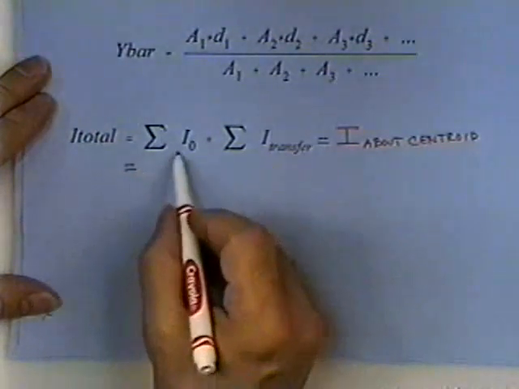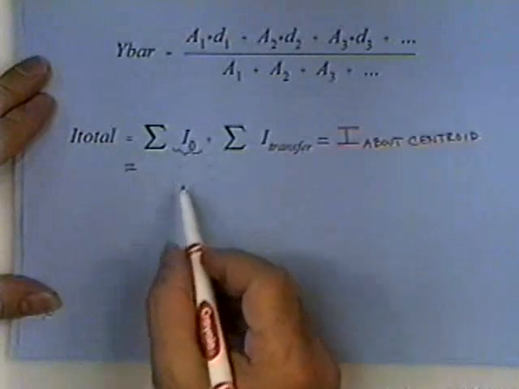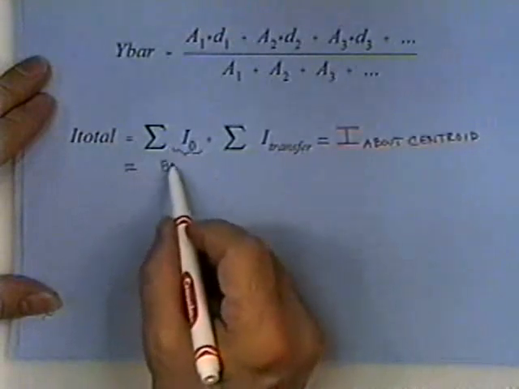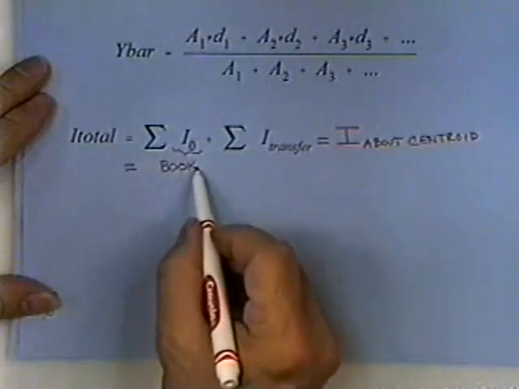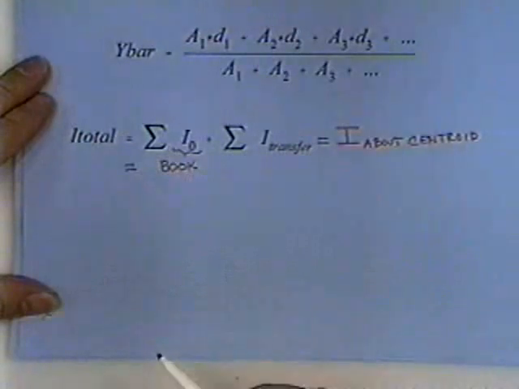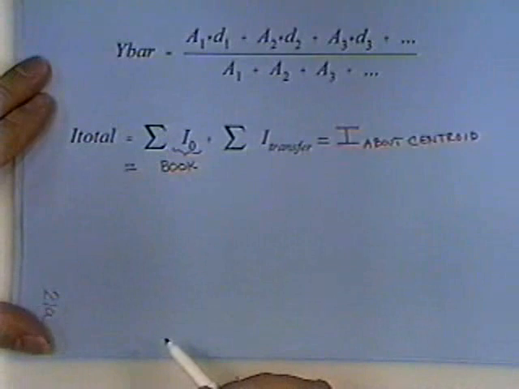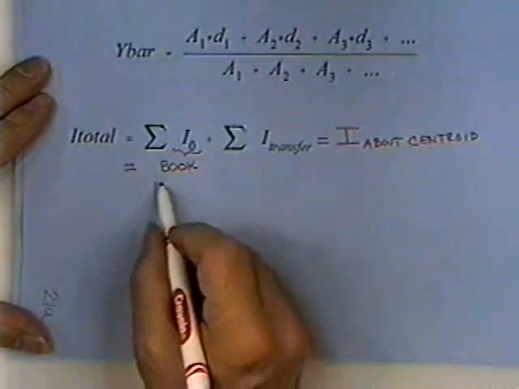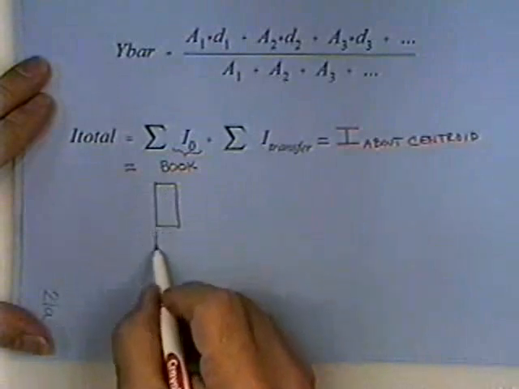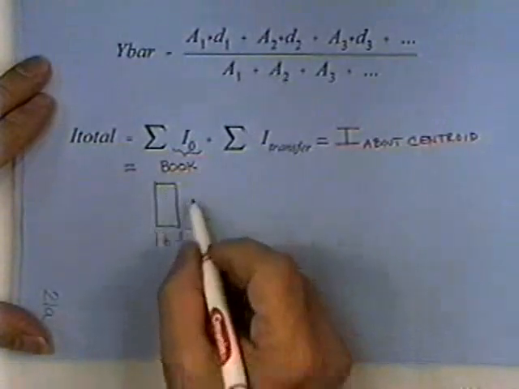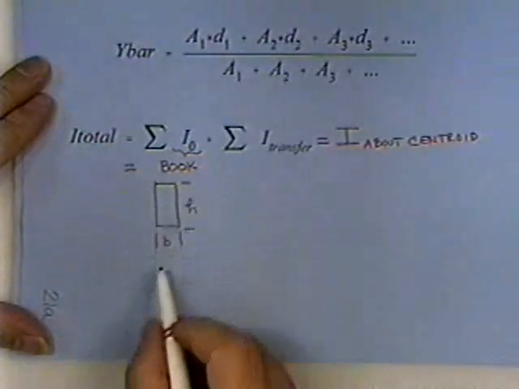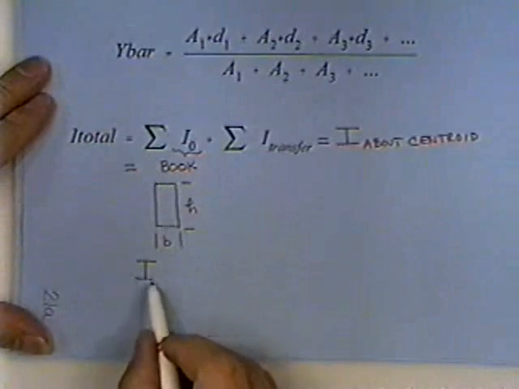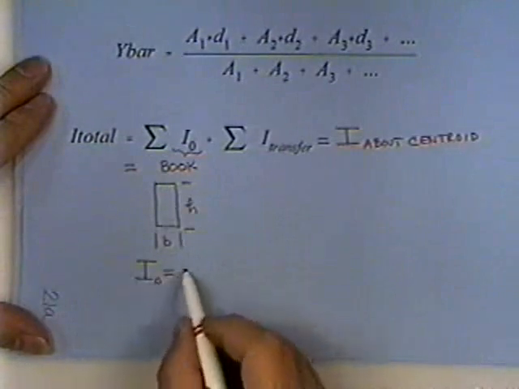Now basically, I0, you look it up in a book. It's actually the integral of y squared dA and all that stuff. But the moment of inertia of anything that you use is in the book. For instance, rectangles with base b and height h have an I0 term just because they're there.